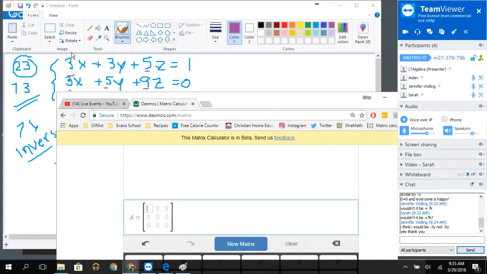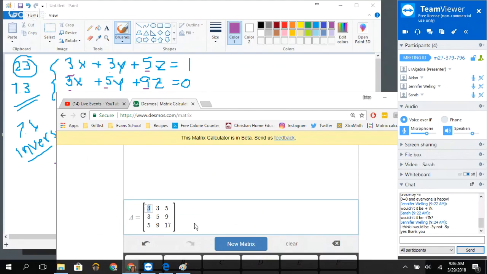I'm going to fill it in with my coefficients. The first equation's coefficients were 3, 3, 5. The second equation's coefficients are 3, 5, 9. And my third equation's coefficients were 5, 9, 17.